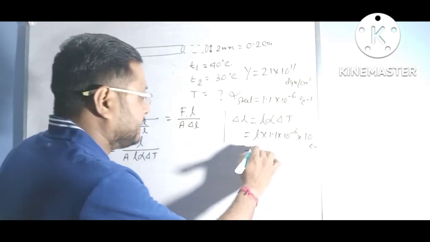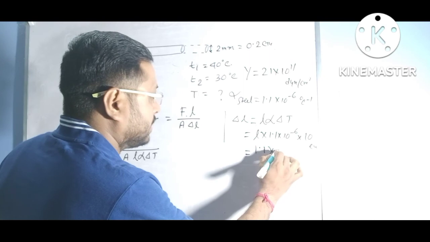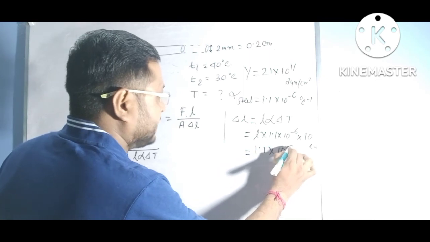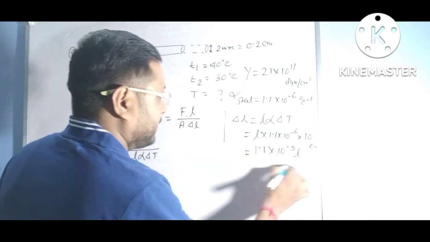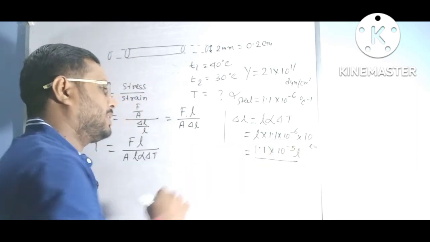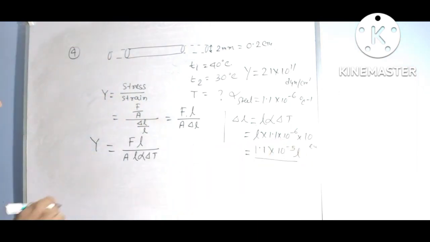So, you can get this as 1.1 into 10 to the power minus 5 L.